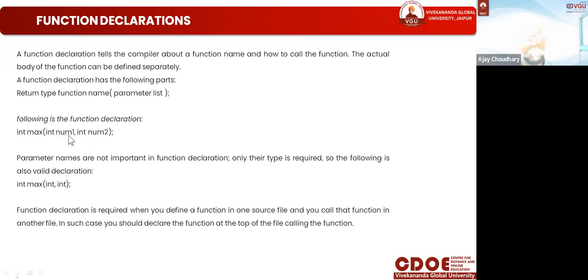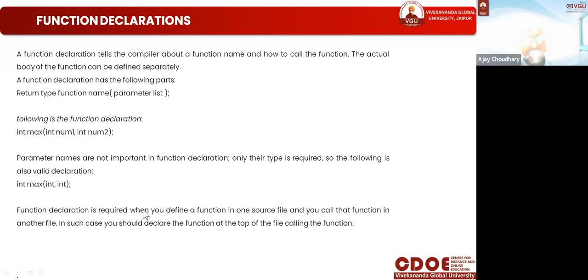If we require them, we fill them in. If we do not require them, we don't write them in our programming. Only their type is required, so the following is also valid: int max with just int, int, two times, which means the return value of this also works.